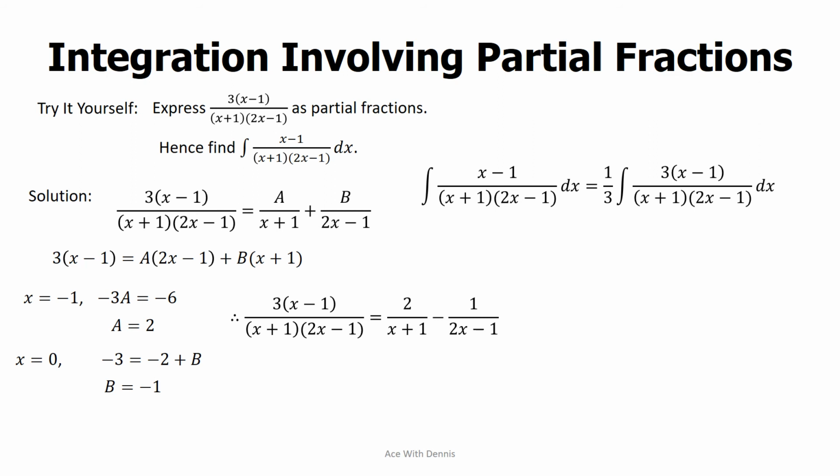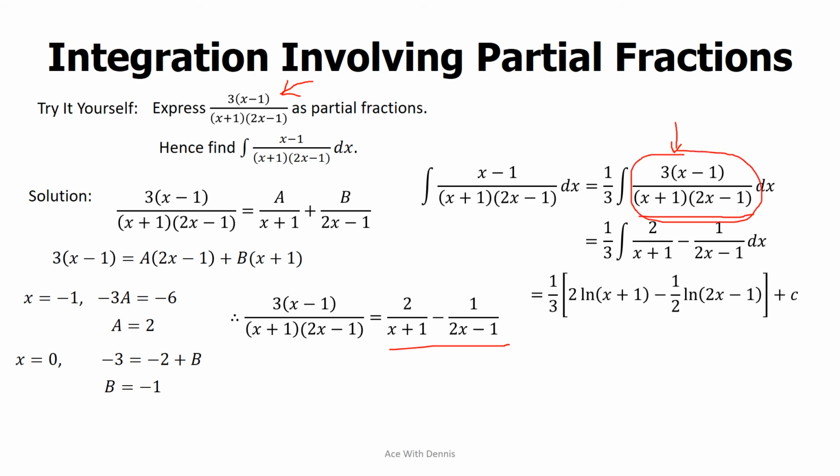Because we want to rearrange the equation so that this expression will look like the original expression that we have changed into partial fractions, so that when we want to integrate, we can just integrate this as 1 over 3 integration of 2 over (x plus 1) minus 1 over (2x minus 1) dx, which will give us 1 over 3 bracket 2 ln(x plus 1) minus 1 over 2 ln(2x minus 1) plus c.